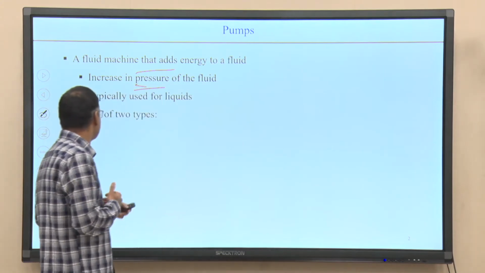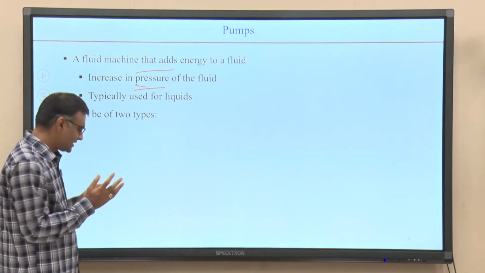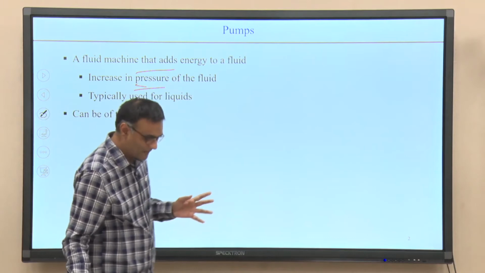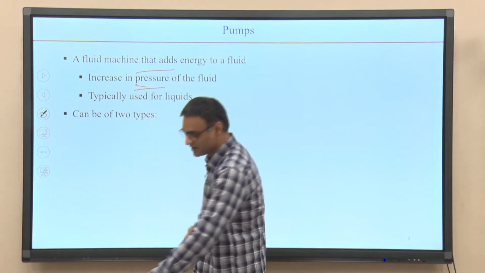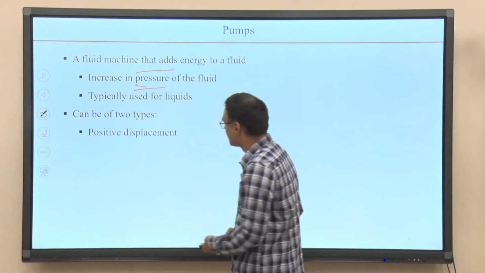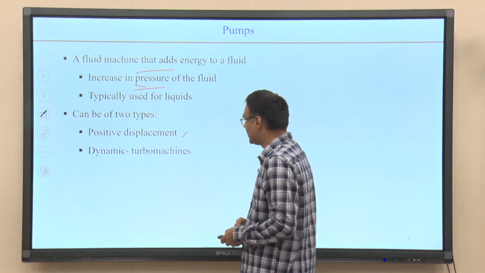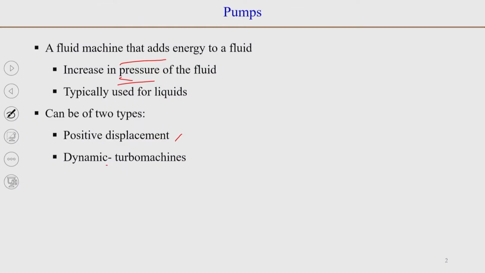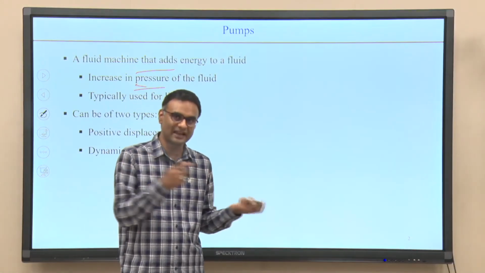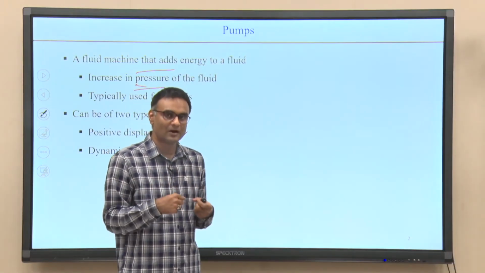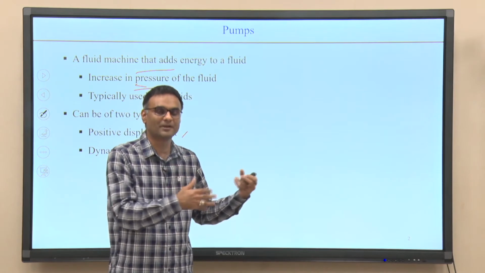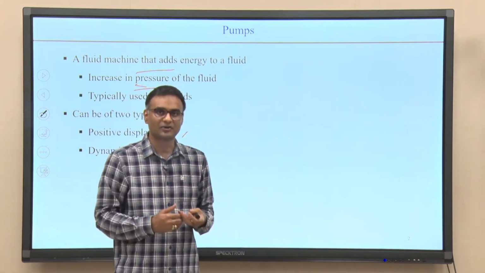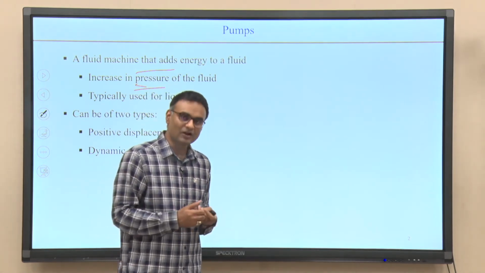as well. Now, pumps can be categorized in two major categories. One is the positive displacement pump and another is the dynamic pump, which is part of turbo machines. Positive displacement pumps are what we see, for example, in a cycle pump or the hand pump in various places used to extract water from the ground.